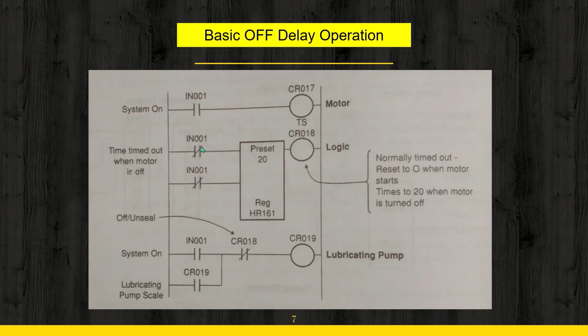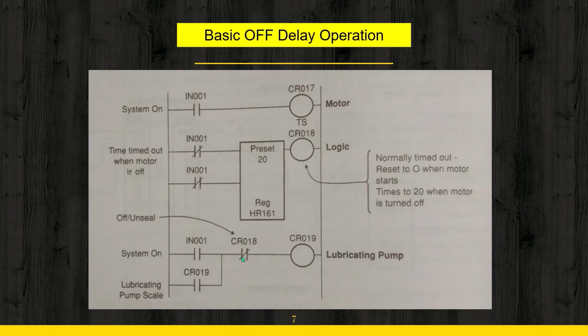And when this contact is open, that means there is a transition from on state to off state. Now when there is the transition from on state to off state, this delay operation will start and it will count till 20.